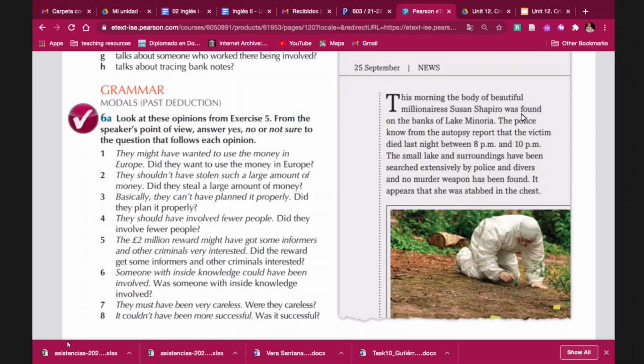Por eso la pregunta es, did the reward get some informers and other criminals interested? No. La oración dice en español. ¿Cómo se dice reward? Recompensa. La recompensa, thank you. La recompensa pudo haber interesado a otros informantes u otros criminales. Entonces la pregunta es, ¿sí se vieron atraídos los criminales y otros informantes por esta recompensa?